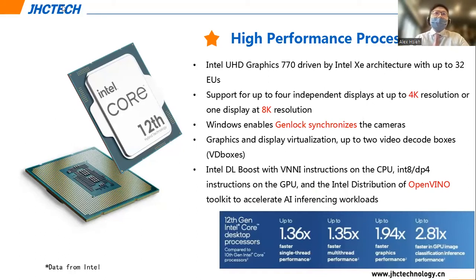Another one is Windows-enabled genlock synchronization on the cameras, because for some surveillance applications, you have to make sure the cameras capture the same images at the same time. And the graphics card may support VD box and the DLL booster with OpenVINO. So you can see Intel supports CPU as well as their AI solution for OpenVINO.